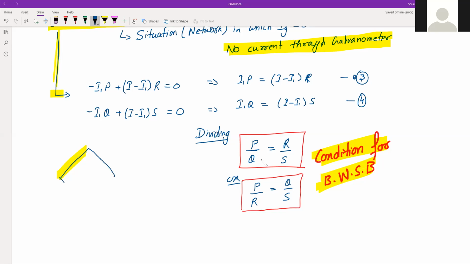So this bridge was like this. This was P, this was Q, this was R, and this was S. So either the PQ ratio is equal to the RS ratio, or the PR ratio is equal to the QS ratio. And whenever that happens, that circuit is a balanced Wheatstone bridge. I think it is clear now what a balanced Wheatstone bridge is.